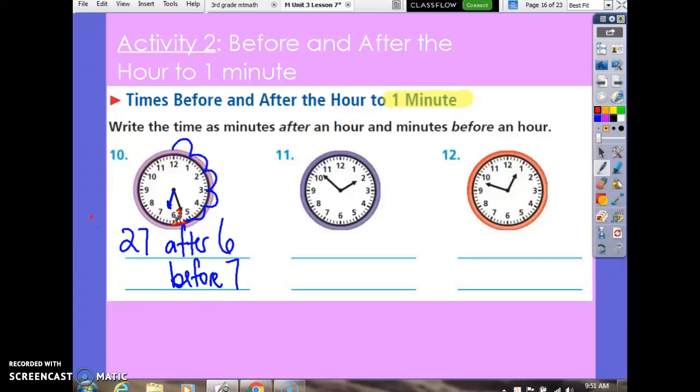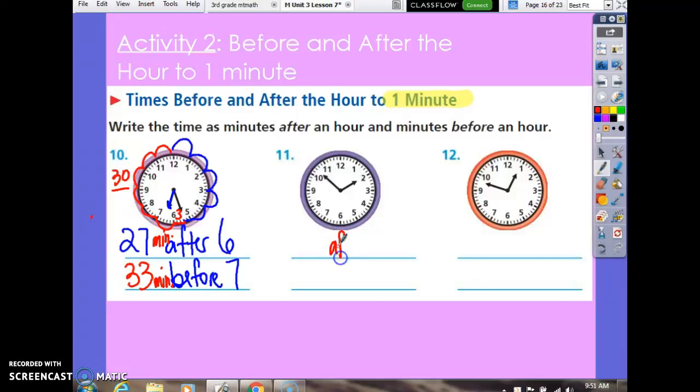And now I can count by 5s. 5, 10, 15, 20, 25, 30. So that's 30 minutes. So what is 30 plus 3? 33. So both of those are minutes. And if I go 27 plus 33, I'm going to get 60 minutes. So we'll try number 11.